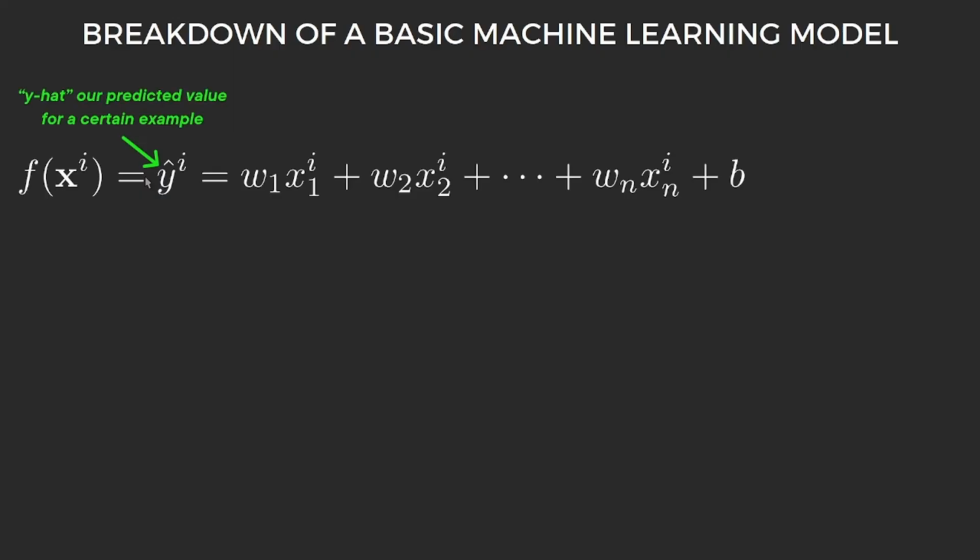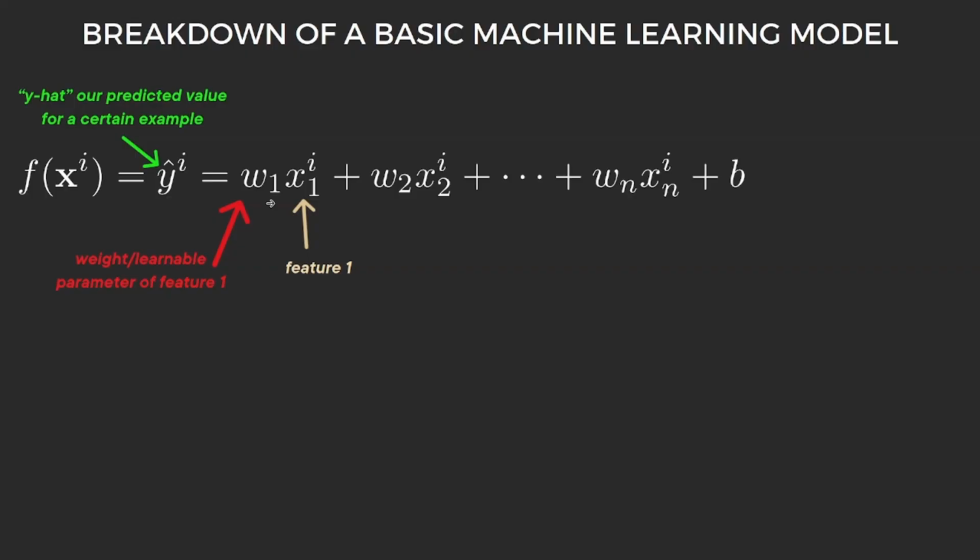So yeah, our y hat of i is our predicted value for a certain example i. And i is a number, right? The weight or learnable parameter of feature one is a weight or a parameter for the feature, which is our input, right? So a good example is, let's say feature one is the square footage of the house.